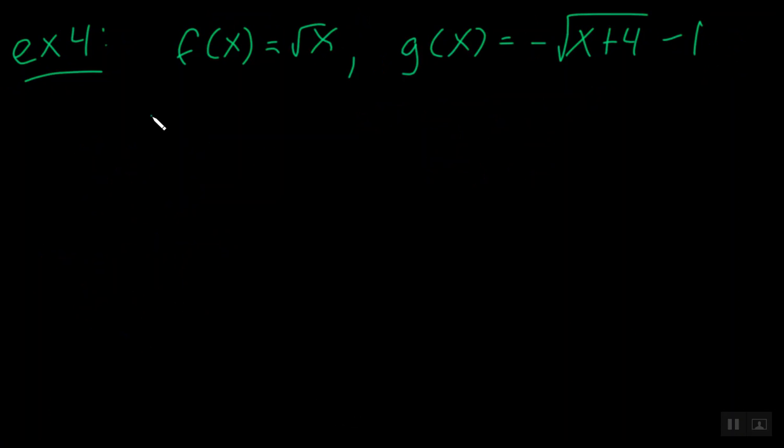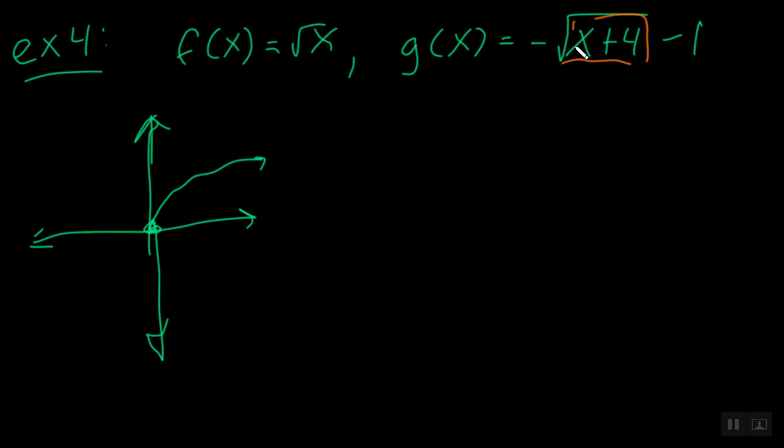Here we're going to be looking at square root functions, clearly. I know that my parent function of the square root goes to the origin, like that. However, let's take a look at g of x. I see that inside my grouping there's an x plus 4. I set that equal to 0, and when I solve for x and subtract 4 from both sides, I have x is equal to negative 4.